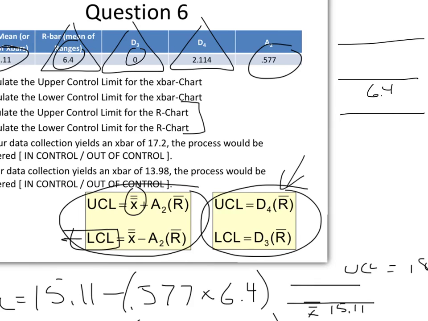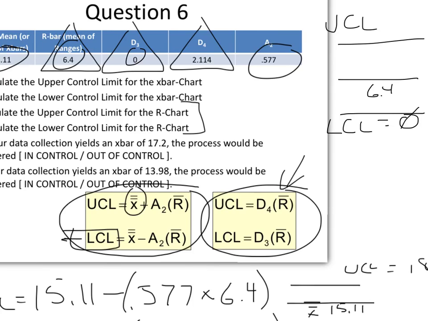And that's given to us here in the problem. So our lower control limit for range is going to be 0. Practically speaking, we can't do an oil change in less than 0 minutes. So that's the lower limit in this case. So 0, and then we have to calculate the upper control limit as well.